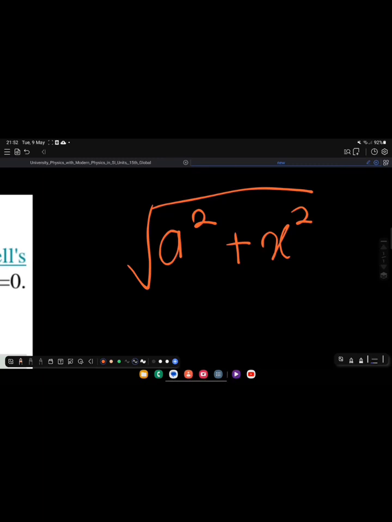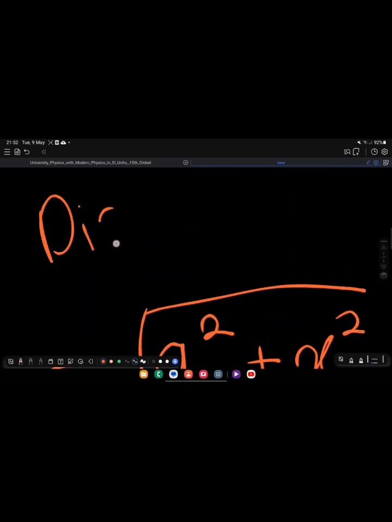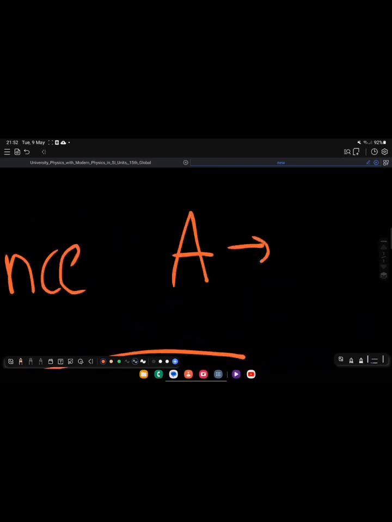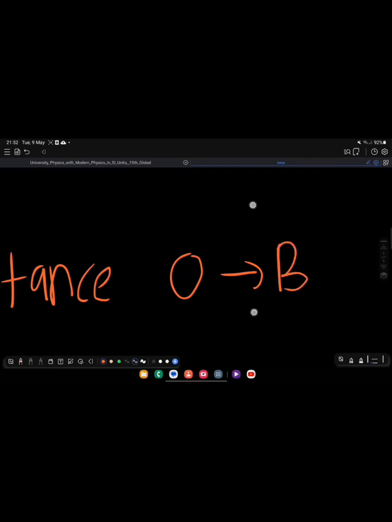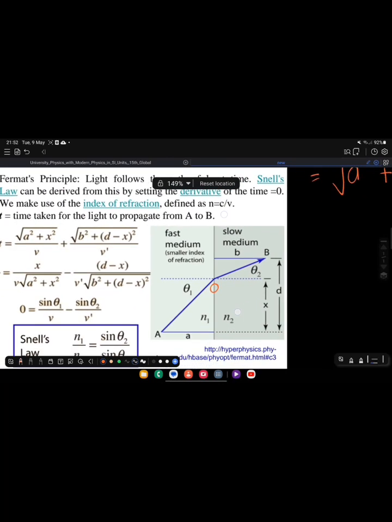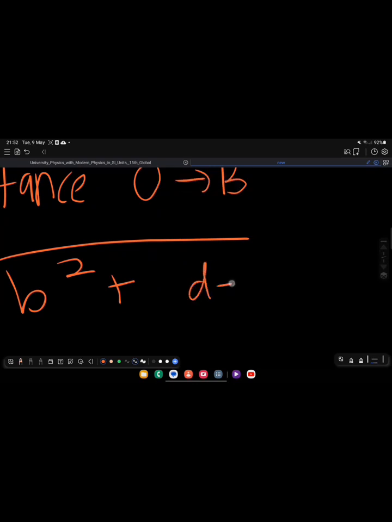So this is the expression for the distance from A to O. And the second part is the distance from O to B, which is the square root of b squared plus (d minus x) squared.